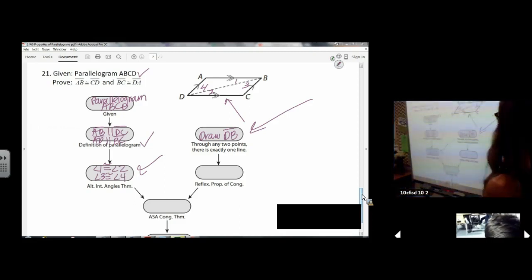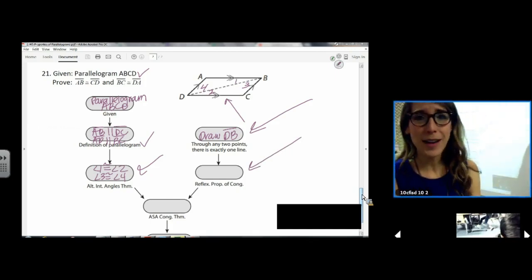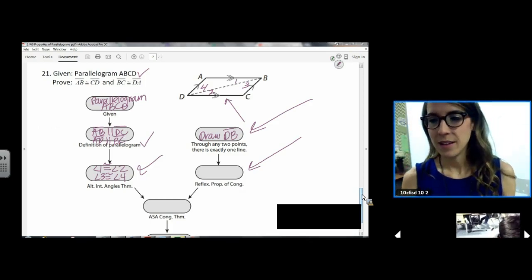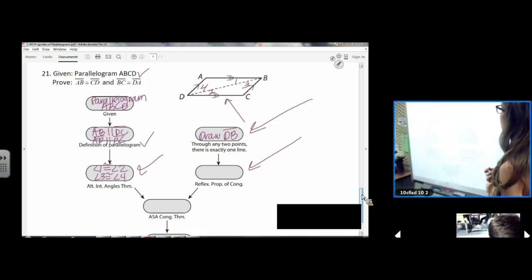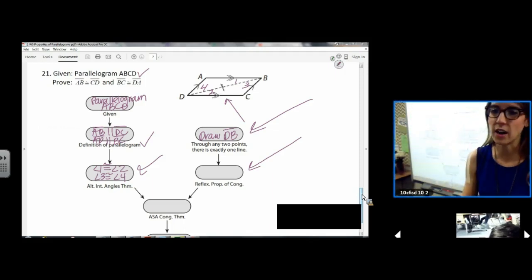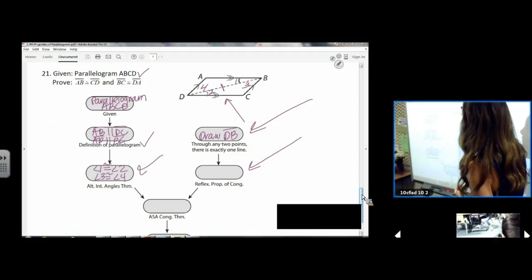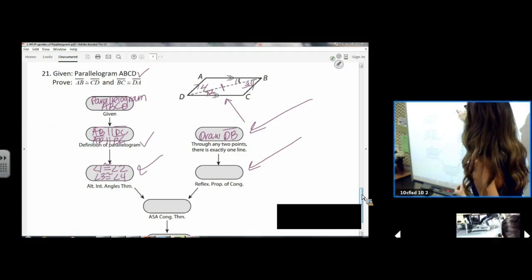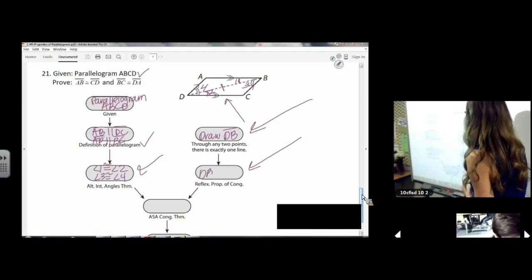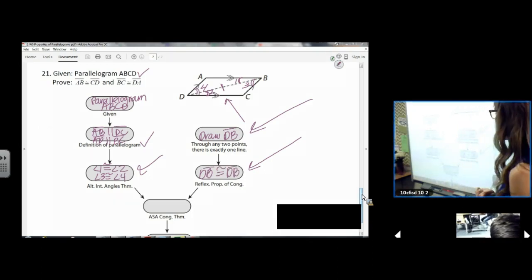Going back to this one, every time we use the reflexive property, we're saying a segment is congruent to itself. Now, which segment would be the most beneficial to say is congruent to itself? Probably the segment that both triangles are sharing. Probably that one. I forgot to mark my angles, sorry. 1 is congruent to 2, double arc, 3 is congruent to double arc 4. Segment DB is congruent to segment DB, reflexive property of congruence.